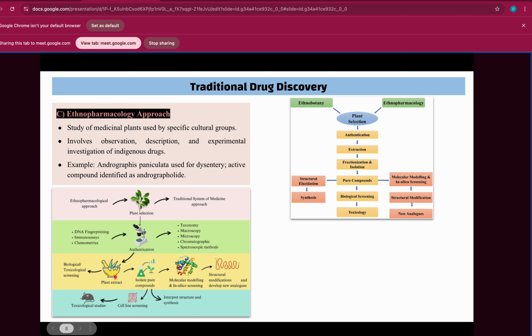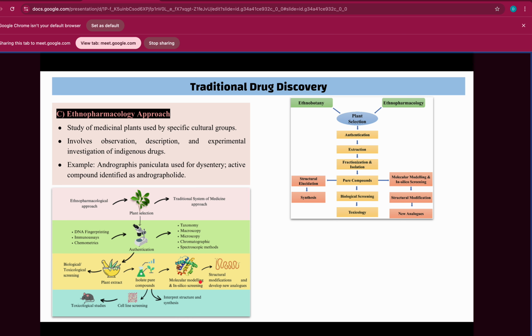And then for the extract which is obtained, biological and toxicological screening could be done to find out whether it has some chemical effect or whether it is toxic or non-toxic. And isolated pure compounds are further used for molecular modeling and in silico screening.